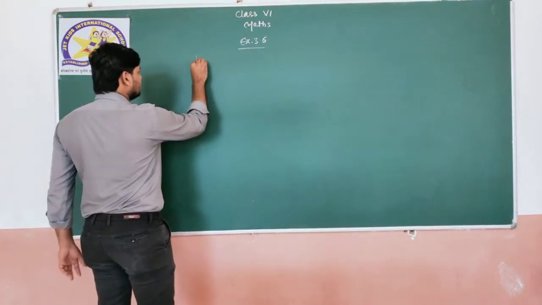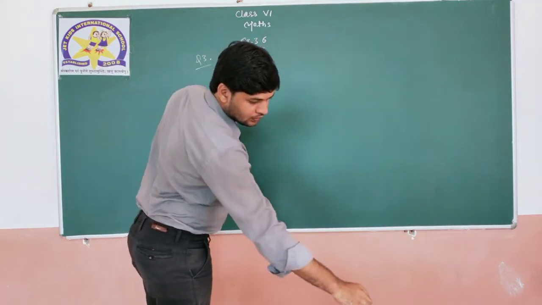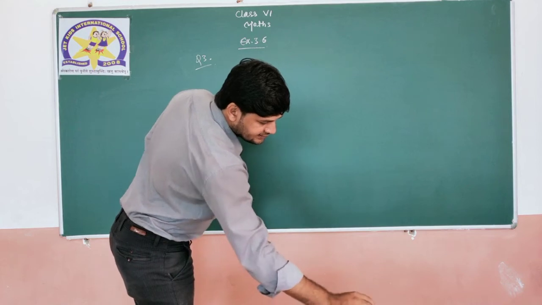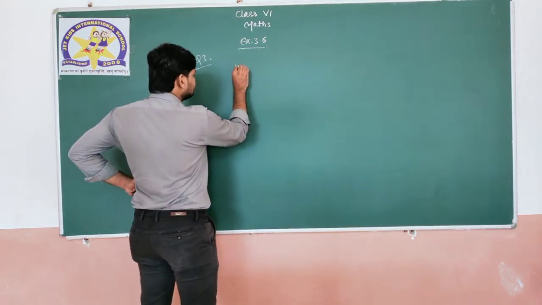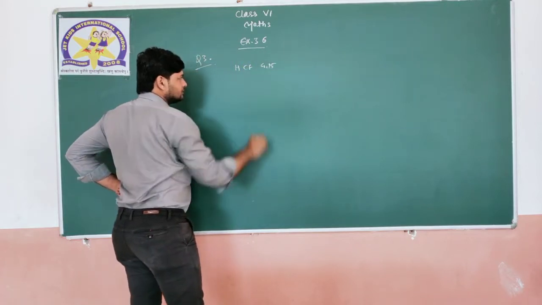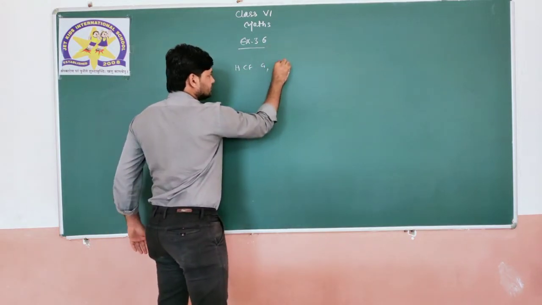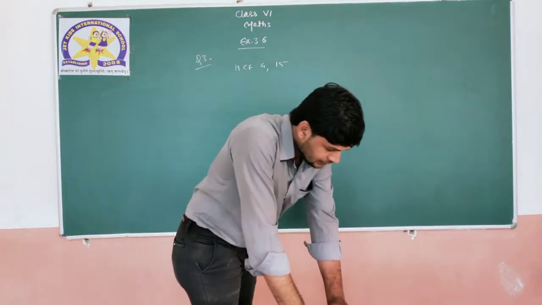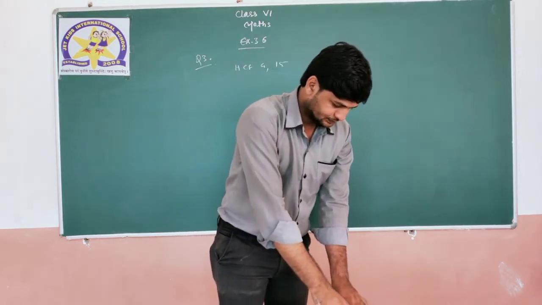So here we have our third question. It says HCF of co-prime numbers 4 and 15 was found by factorization as follows.